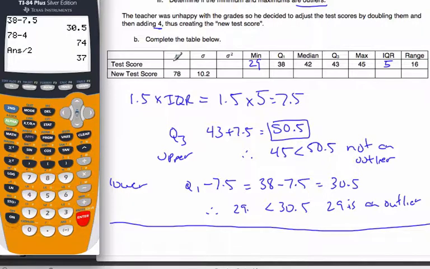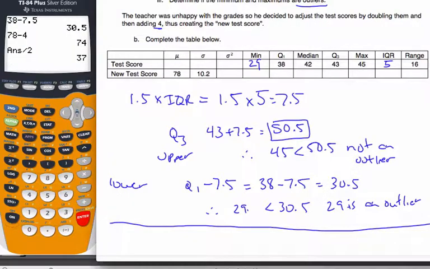And so the average score is going to be 37 on the original test. Because I know the new mean would be 2 times the old mean, and then adding 4. So to find the old mean, I subtract 4 and divide by 2.